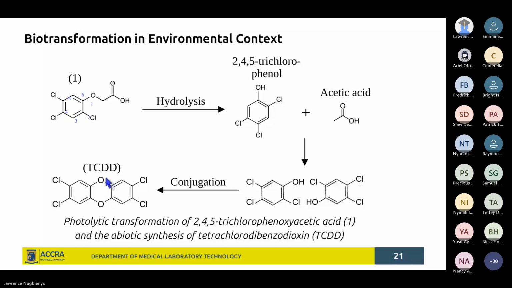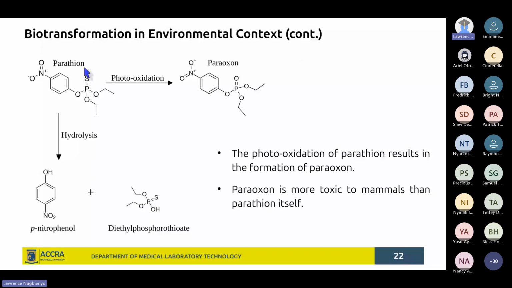All right. We have another one here, parathion, which is a pesticide also, which was used, but is also now banned. And you see parathion, when exposed to light, undergoes photooxidation to paraoxon. It can also undergo hydrolysis into paranitrophenol and diethyl phosphorothioate.